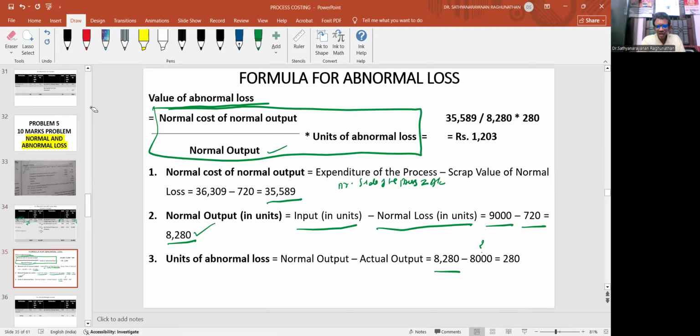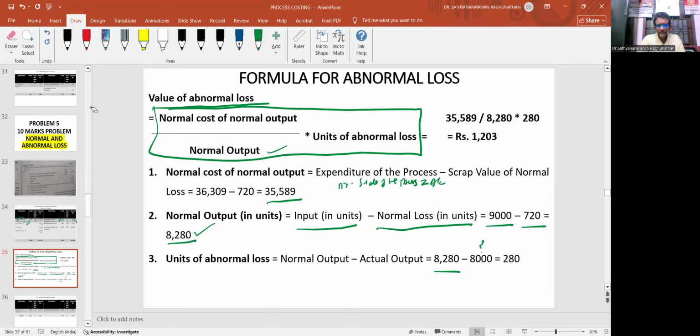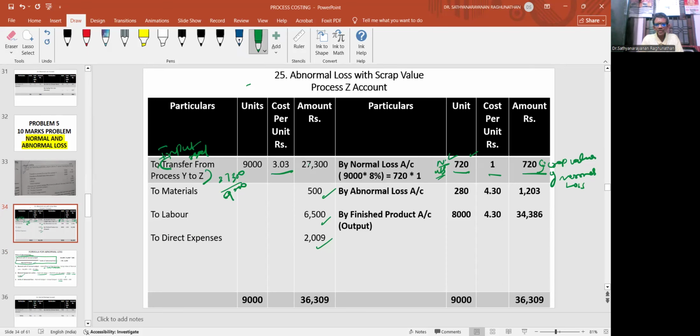Here in the unit column we have to calculate this one. Now you see.